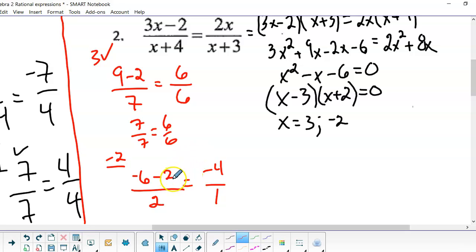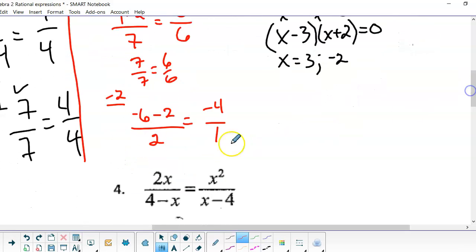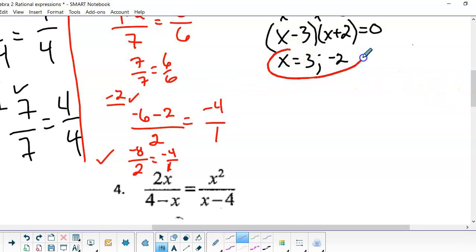So now, negative 6 minus 2 more is negative 8. So negative 8 over 2 is equal to negative 4 over 1, and they are equivalent. That checks out. So negative 2 checks out. So my solutions are x equal to 3 and negative 2.